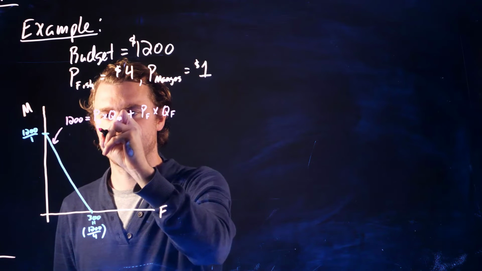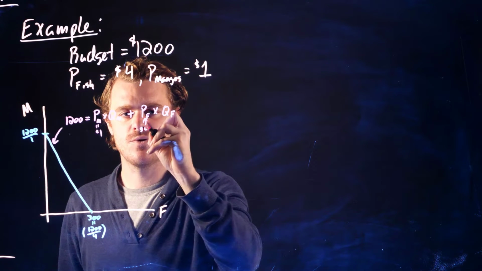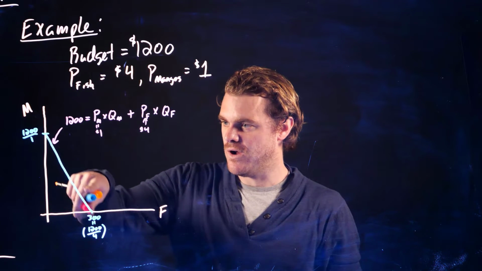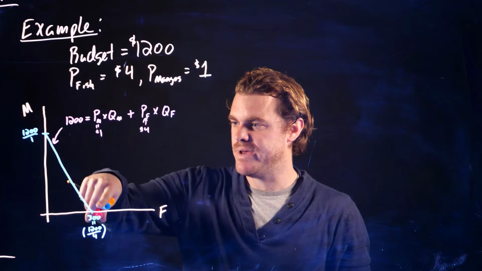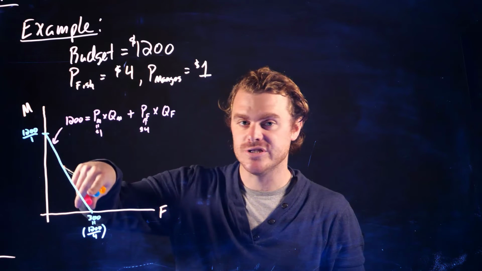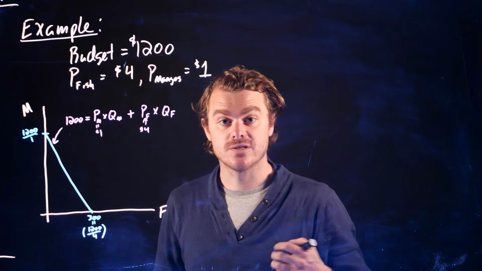And here we know the price of mangoes is $1, the price of fish is $4. So it's showing us all the different combinations Alex could afford if he was spending his entire budget on mangoes and fish.